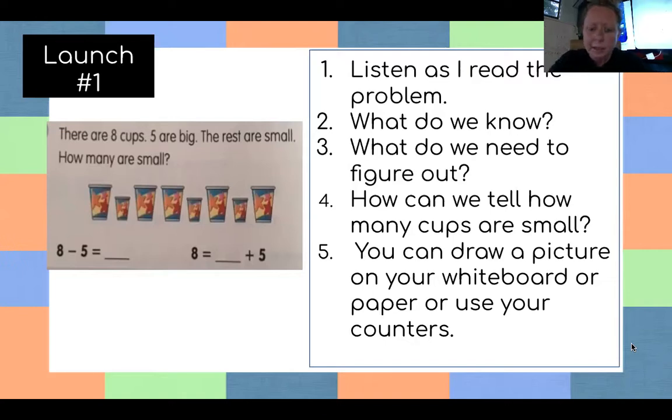I heard you say it. We know that 5 of these cups are big. What do we need to figure out? Turn and talk to somebody near you. That's right. We know that 3 of these cups are small. Look at the picture or draw a picture on your whiteboard or your paper or use your counters.